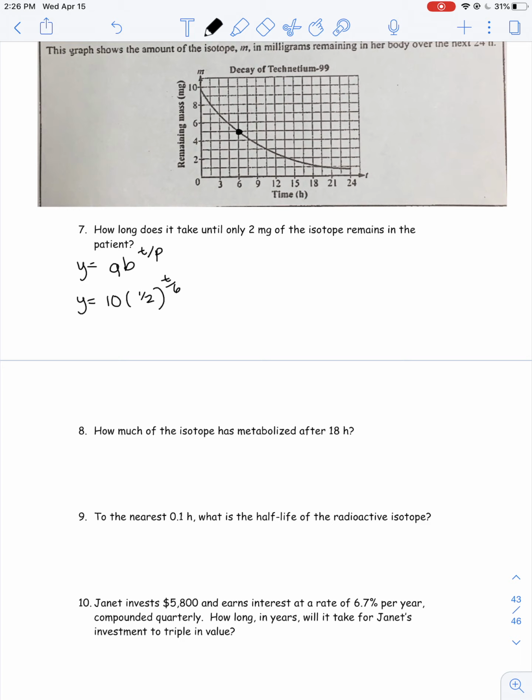So now we just need to solve for, it says, how long will it take until only 2 milligrams of the isotope remains in the body? So we are replacing our Y value with 2. And we're trying to solve for T. So we're going to start by dividing both sides by 10. So we get 0.2.